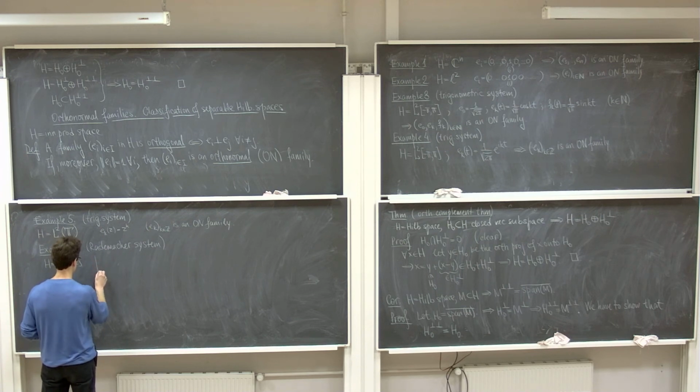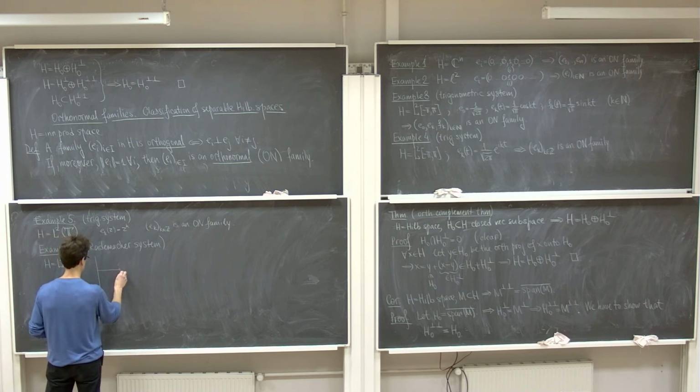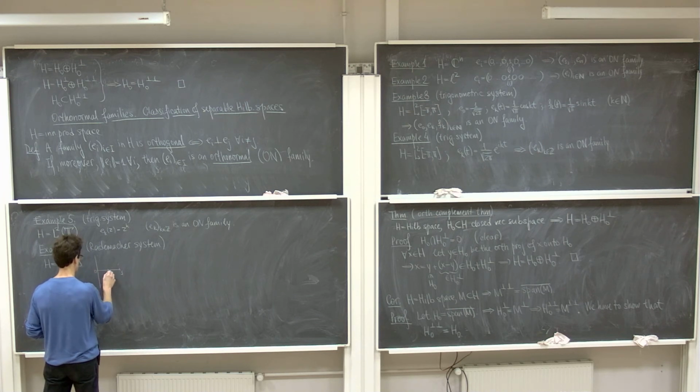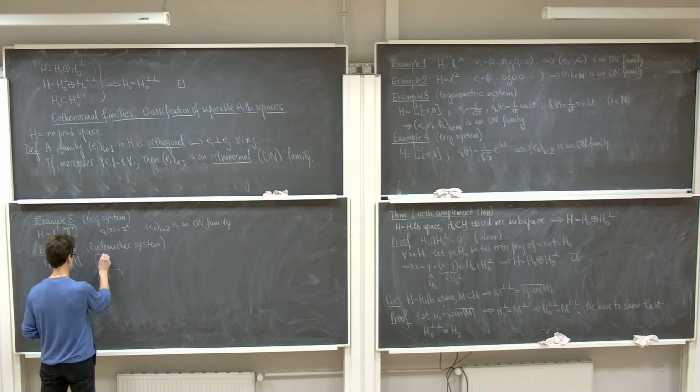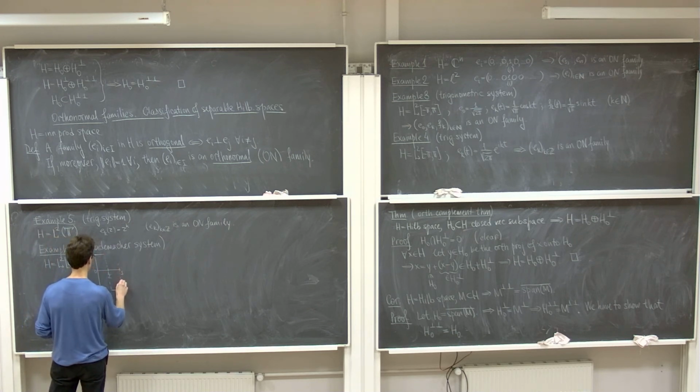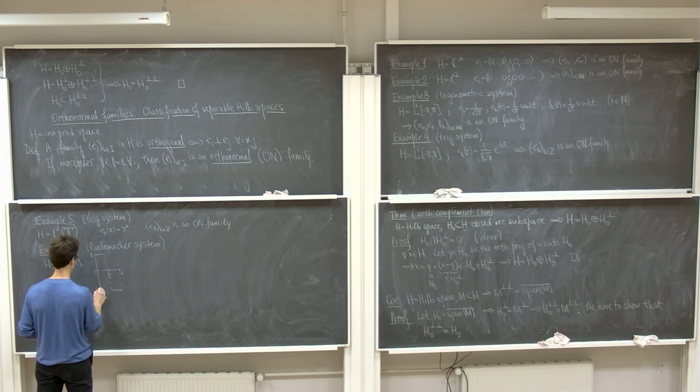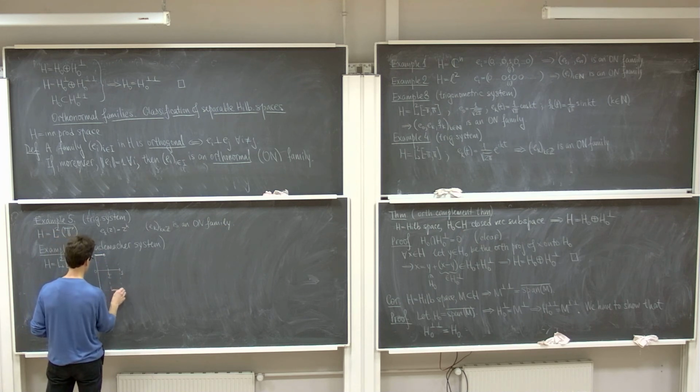And to define our functions, we do the following. First of all, we take the interval 0, 1, we divide it into two parts, and we consider the function which is 1 on the first part and minus 1 on the second part. 1 here and minus 1 here. And this will be the function R1.